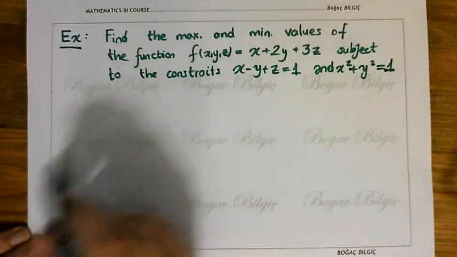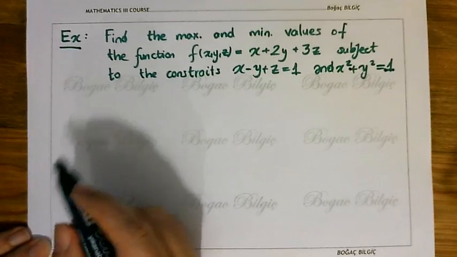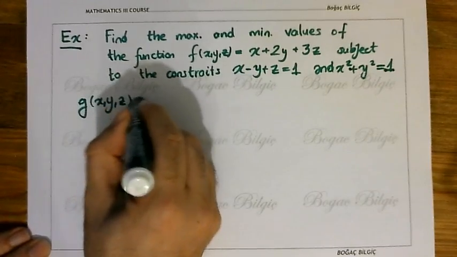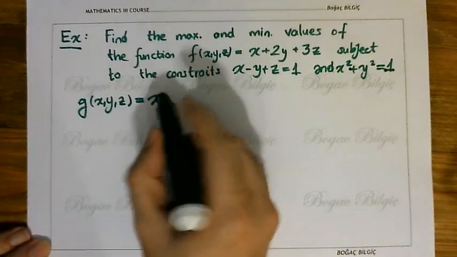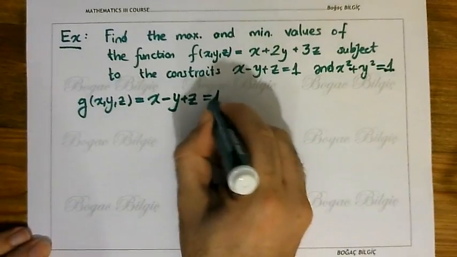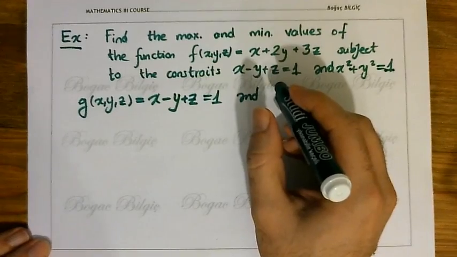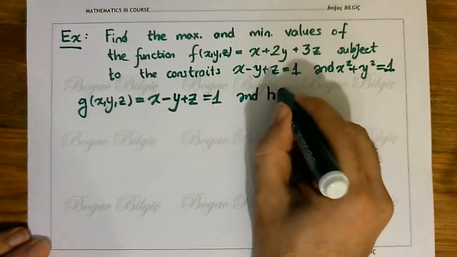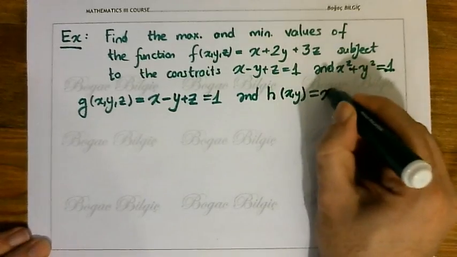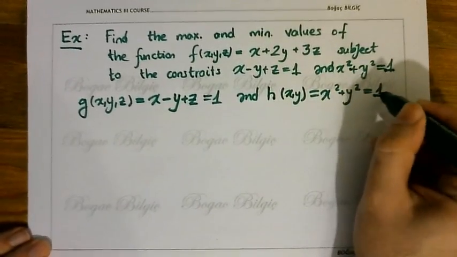There are two constraints. Write the constraint equations in the form g(x, y, z) is equal to x minus y plus z is equal to 1 and h(x, y) is equal to x squared plus y squared is equal to 1.